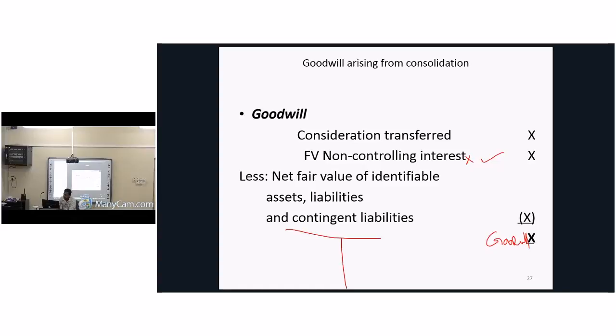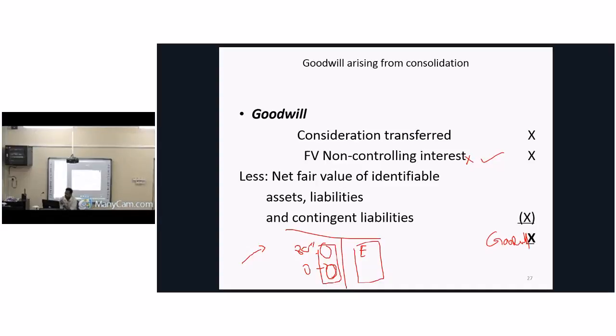So then if you can remember, I told you this story. On this side, 80% we take as investment. On the other side we take 100% of equity in the cost of control account. So to make this side 100%, we add the 20% fair value, if you take it as an 80% acquisition subsidiary. So the 20% fair value of NCI should be taken on this side, then this will become 100%. Then 100% of net investment should be compared with 100% of equity.